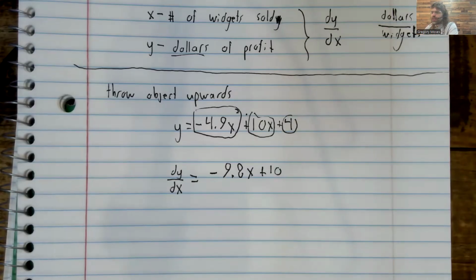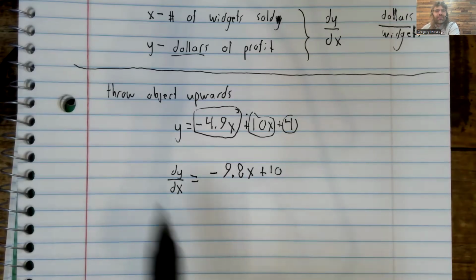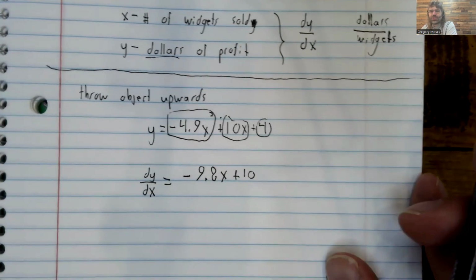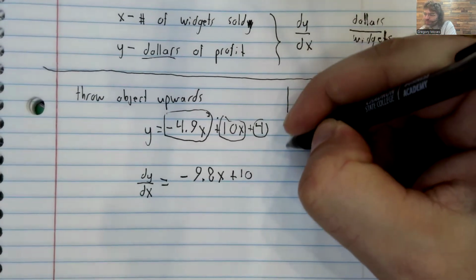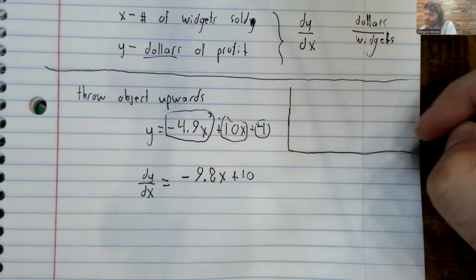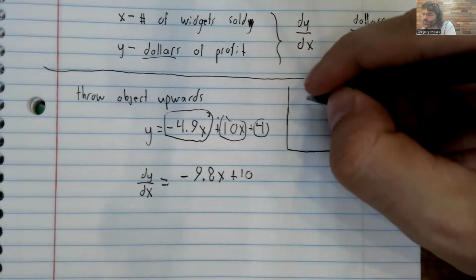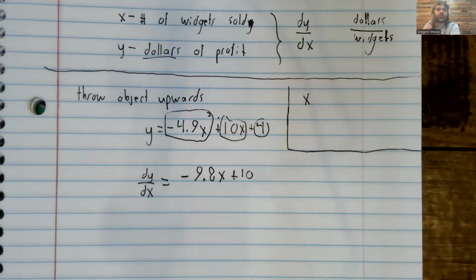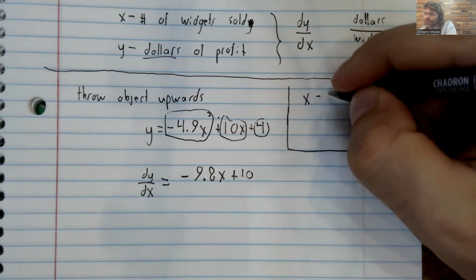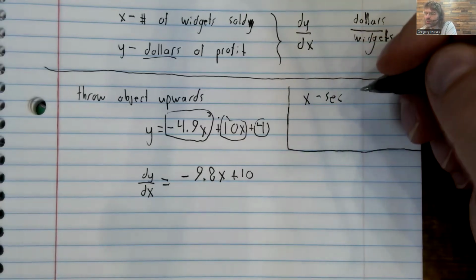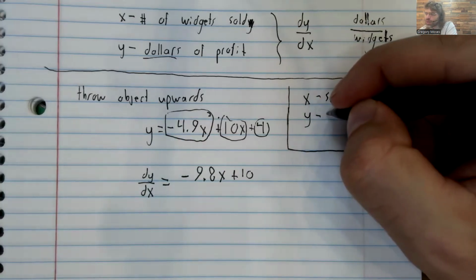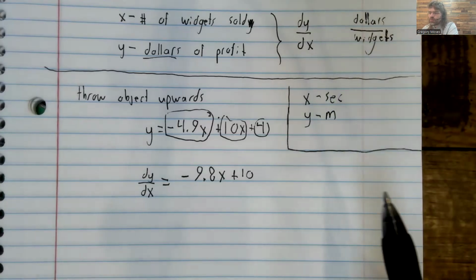So here's the equation. But what are the units? Well, very cleverly, I didn't give you the information you need to answer that question. So, mea culpa. x is the amount of time that's passed since we threw the object. x is measured in seconds here. y is the height of the object. y is measured in meters.